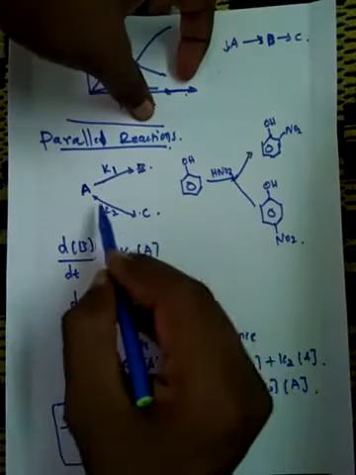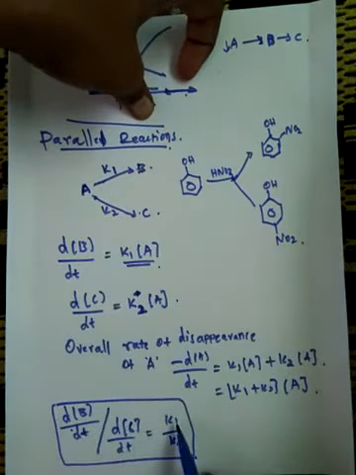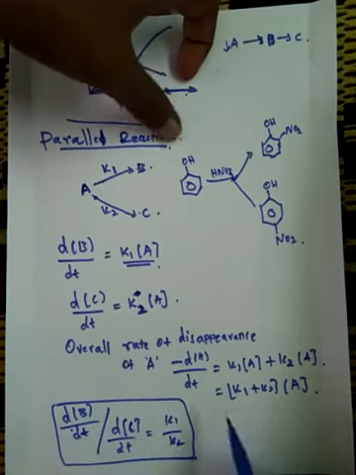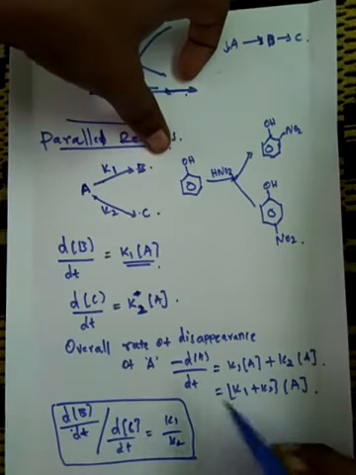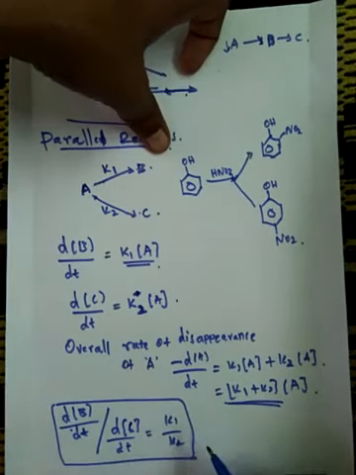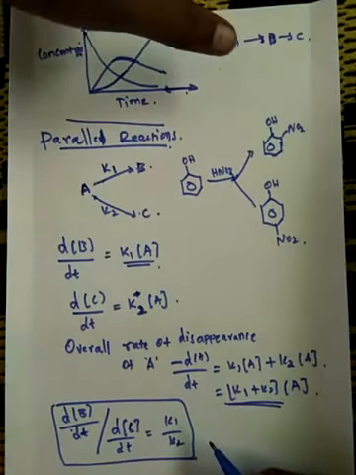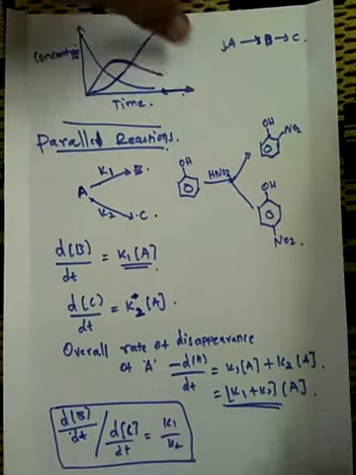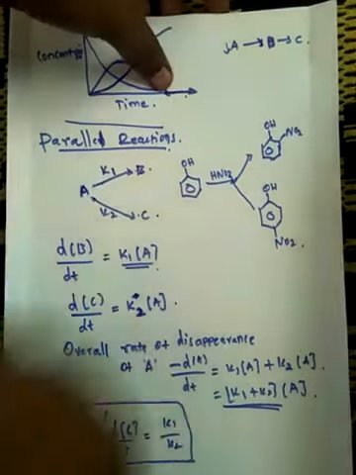The rate of this step and then the rate of this step, if you take the ratio, you will get this equation. And by using these two equations, you can find out the rate constant values. This is a parallel reaction.